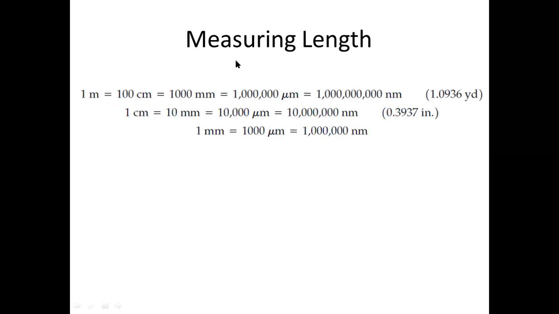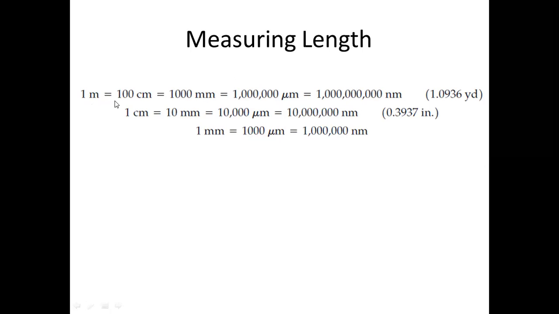In a similar way, for the measurement of length, 1 meter equals 100 centimeter, 1 meter equals 1000 millimeter, 1 meter equals 10^6 micrometer, and 1 meter equals 10^9 nanometer.